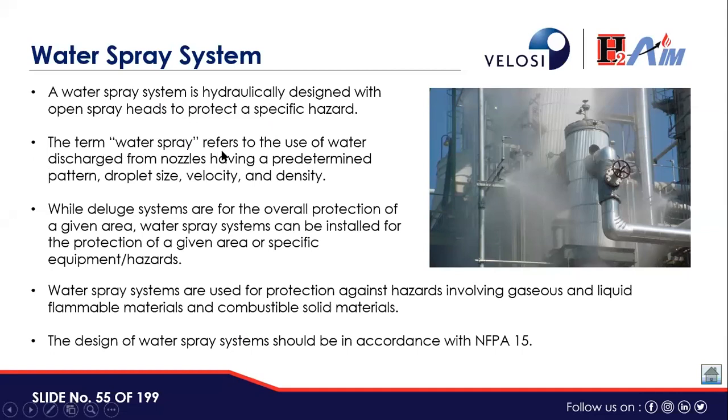The term water spray refers to use of water discharged from a nozzle having a predetermined pattern, drop size, velocity, and density. While deluge systems are for the overall protection of the given area, a water spray system can be installed for the protection of a given area, specific equipment, and hazard. Water spray systems are used for protection against hazards involving gaseous and liquid as well. The design of a water spray system should be in accordance with NFPA 15.